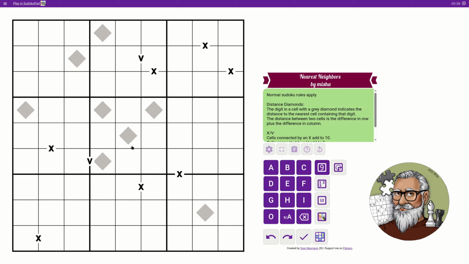Okay. The digit in a cell with a gray diamond indicates the distance to the nearest cell containing that digit.